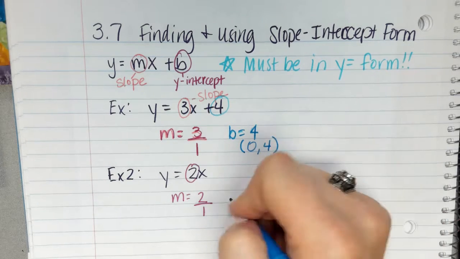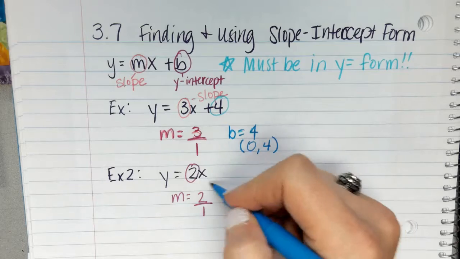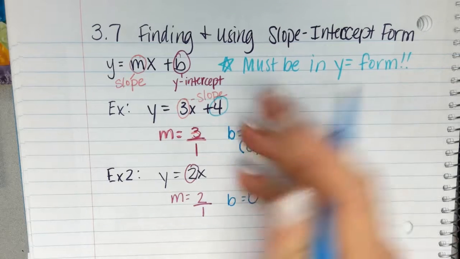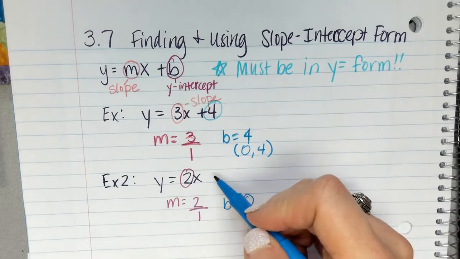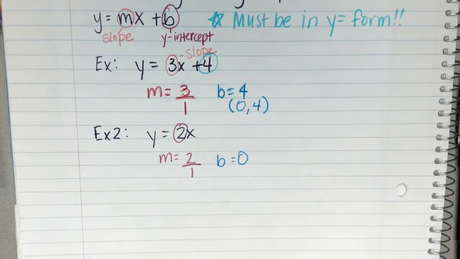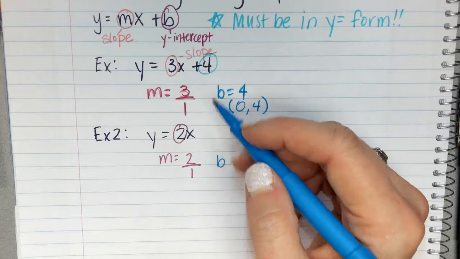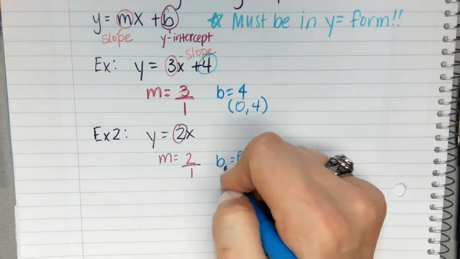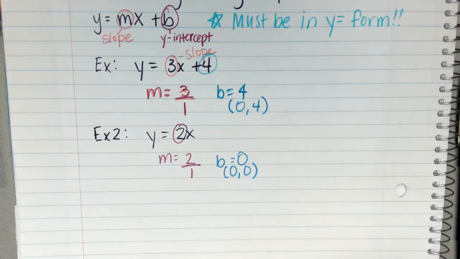And what is your b? Well, there is nothing that we're adding, so your b is just 0. You wouldn't just write 2x plus 0 because there's nothing more to add. So if there's not a b there, then you just have to know that it's 0. And that means that line would cross the y-axis at 0, 0. Okay?